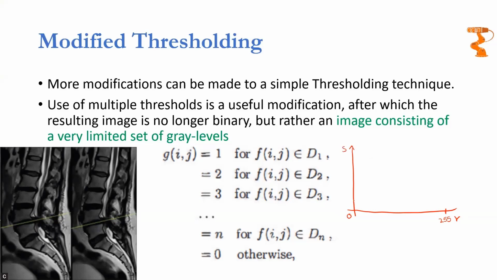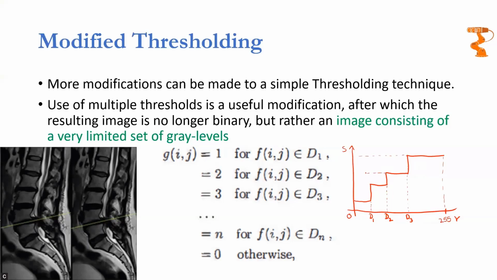You will have, for example, this gray level for all the pixels from 0 to D1, this gray level for all the pixels between D1 and D2, this one for pixels between D2 and D3, and for all the pixels between D3 and 255, they will be assigned this gray level.